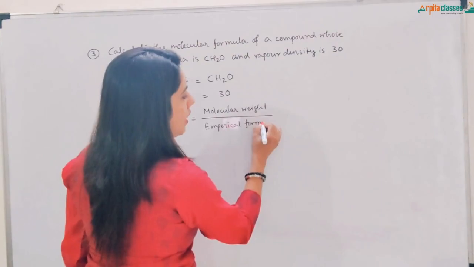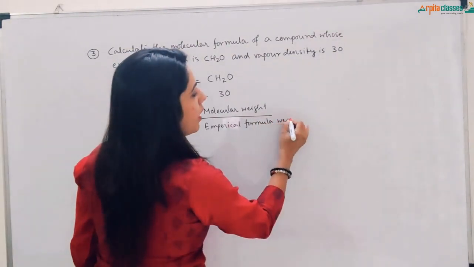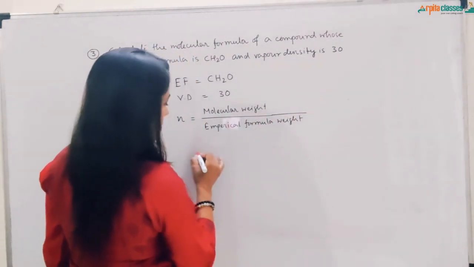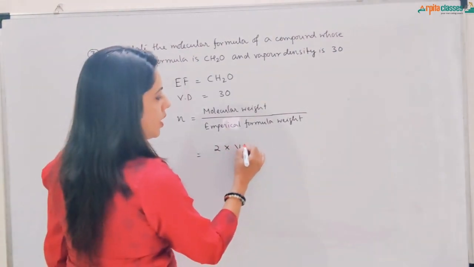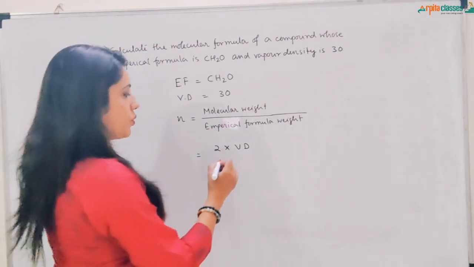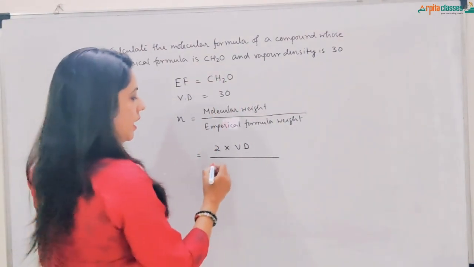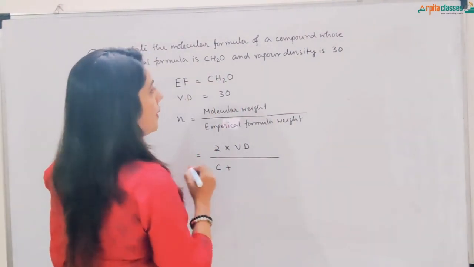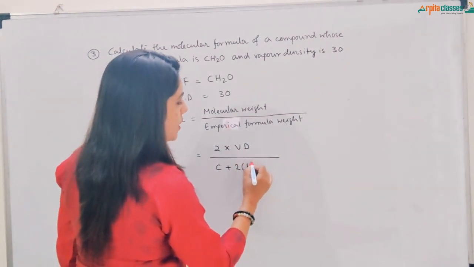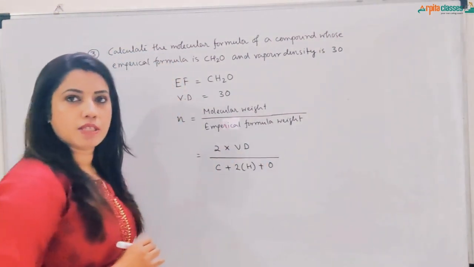Now, molecular weight is what? Molecular weight is 2 into vapor density, which is given to us. And empirical formula weight we can find out from this formula. It is atomic weight of carbon plus atomic weight of 2 hydrogen plus atomic weight of oxygen.